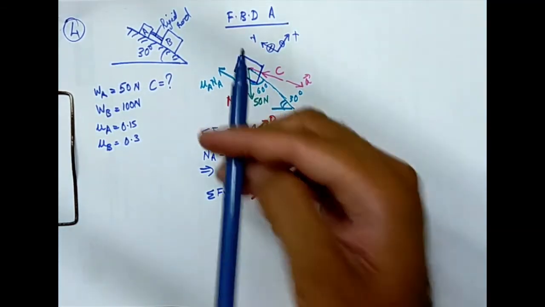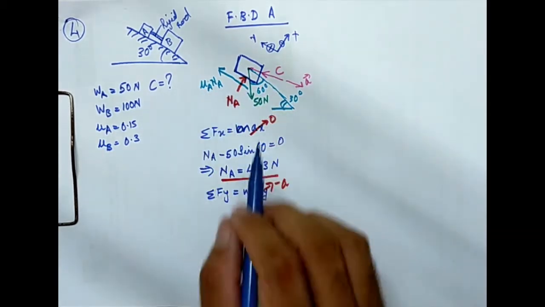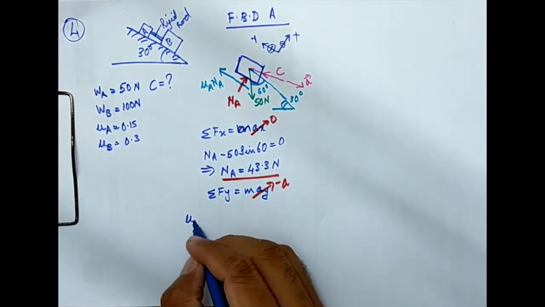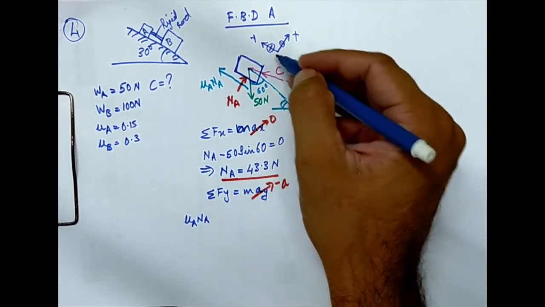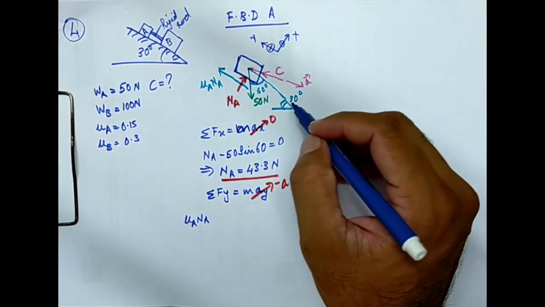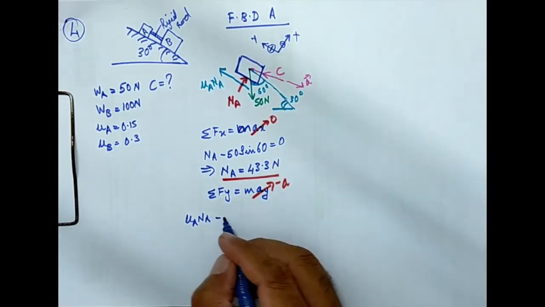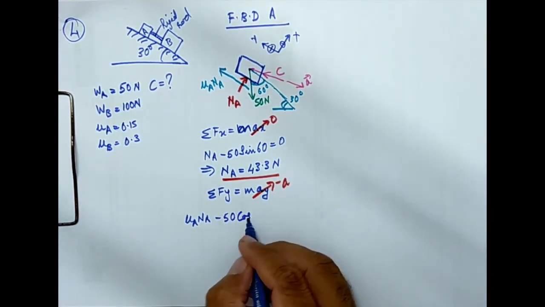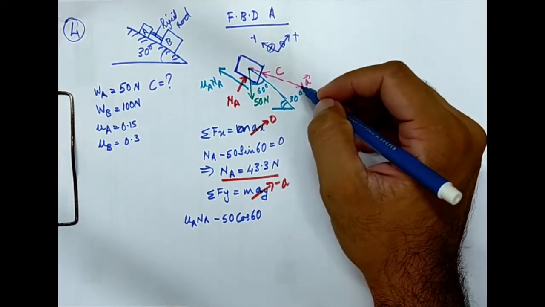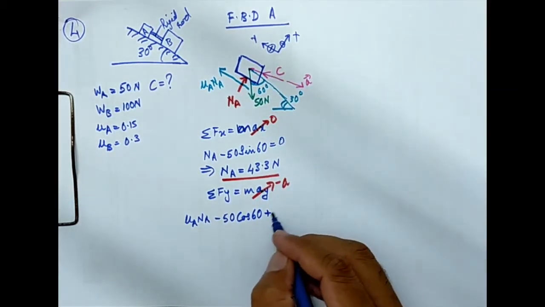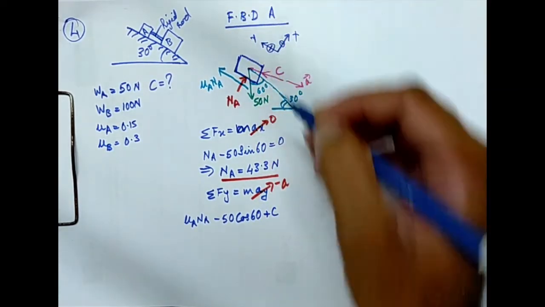Now let's write the Fy condition. So I have mu A N A in the positive direction, then 50 cos 60 in the negative direction. Then I have C in the positive y direction.